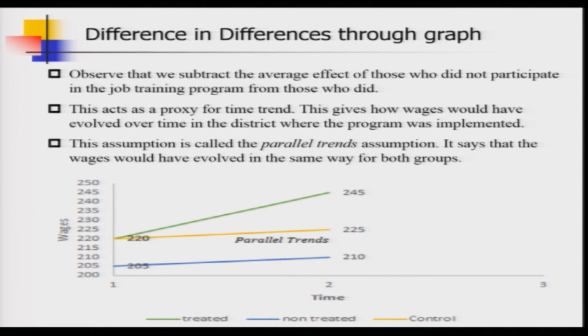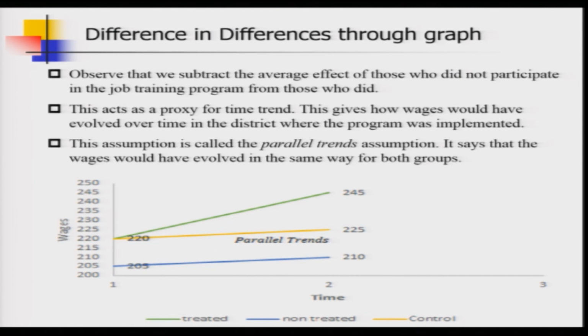There is one treated group, which is given by that green straight line, and you see that there is a rise from 220 to 245. So, here you can say that 220 is the wage, if we want to talk about the job training program as the example.